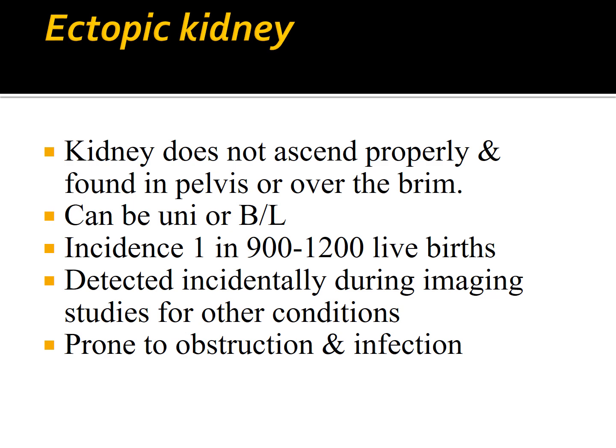It is also detected incidentally during imaging studies for other conditions like recurrent UTI or VUR. Whenever you do an ultrasonogram, only then can you detect this condition because they remain asymptomatic. So a person having ectopic kidney is more prone to have obstruction and infections.